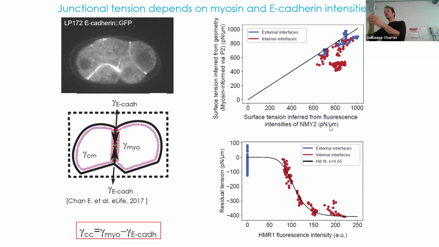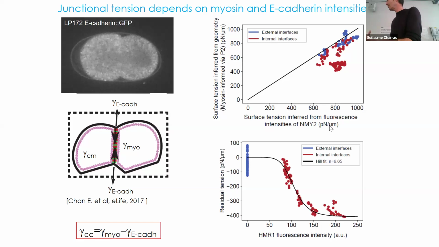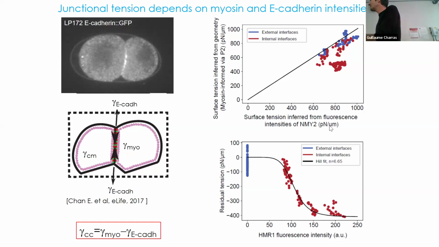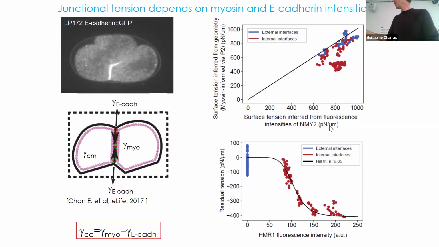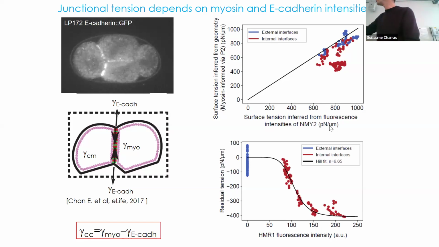And what you find is that you've got a nonlinear relationship between the residual surface tension and the keratin fluorescence intensity. And that's interesting in the sense that it quantitatively, I think, tells us something about how keratin cell-cell adhesion directly contributes to the surface tension at contacts.